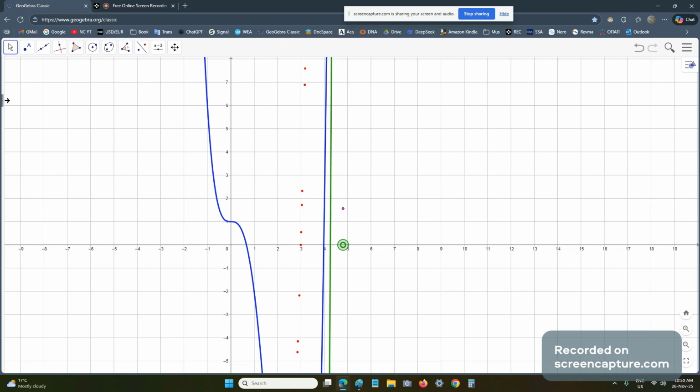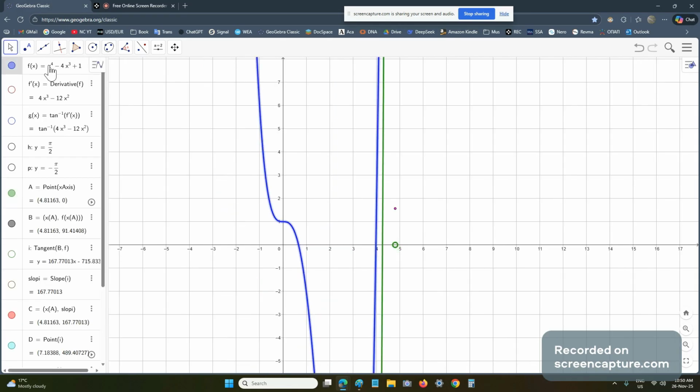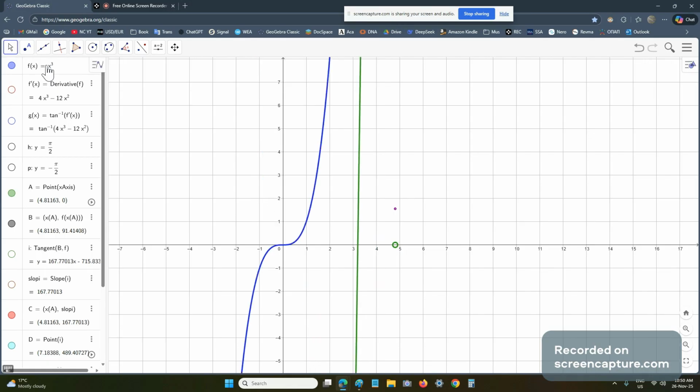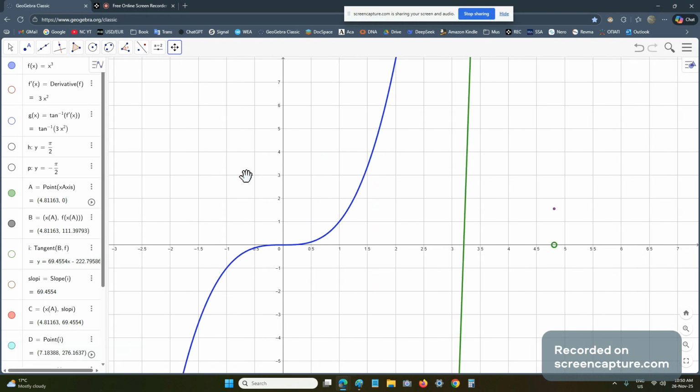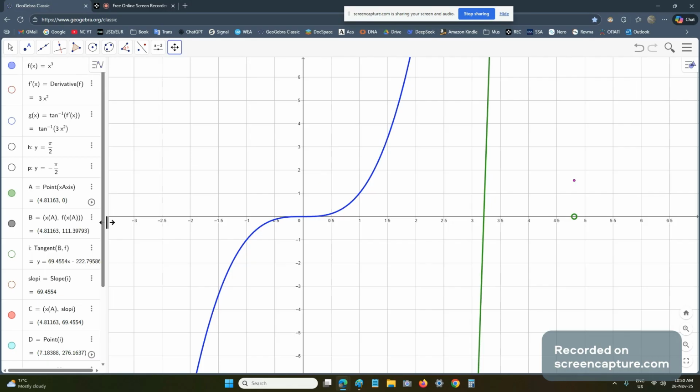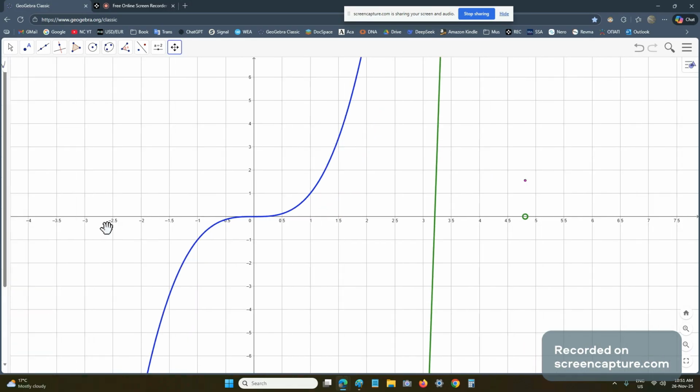Had he done that, let's go back to the previous function just to make things simpler, every derivative would fall between pi over 2 and minus pi over 2.